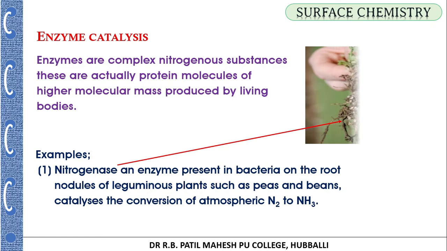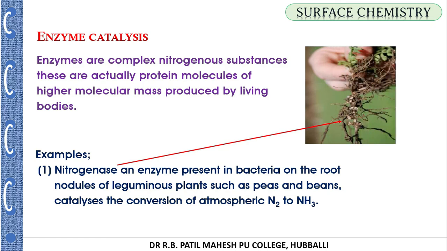So here you can see the leguminous plant, root and nodules. In those nodules, nitrogenase is an enzyme present, and that is helping fix the nitrogen from the atmosphere and helps in converting that nitrogen to ammonia.